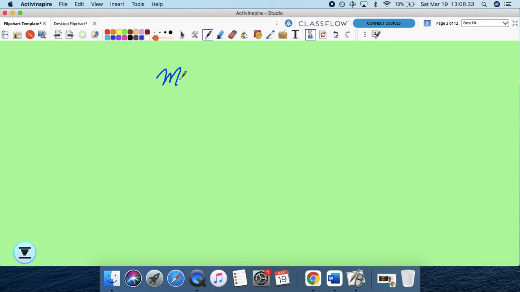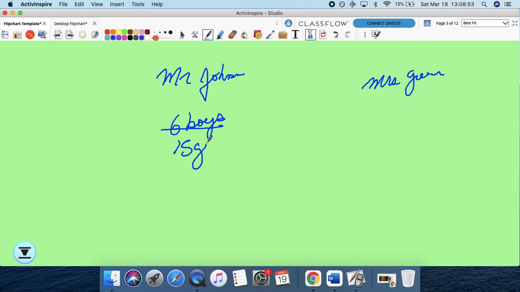Mr. Johnson has the ratio of boys to girls as Mrs. Green. Alright, so in Mrs. Johnson's class, there's 6 boys. That's this ratio, right? And 15 girls.